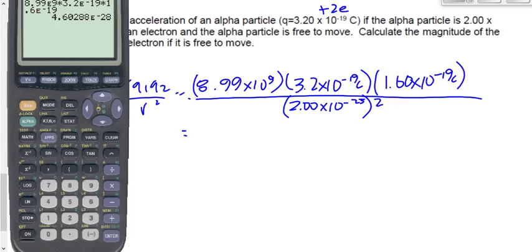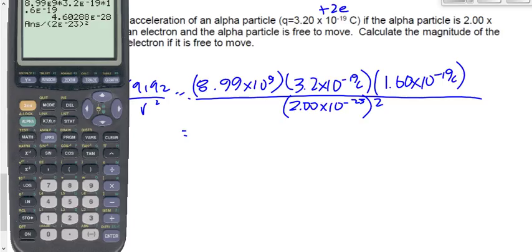What I usually like to do at this point is press enter, get the number on the top. Then let's divide it by, let's use some brackets here, 2 EE negative 23, and then let's square that. Because I've used brackets here, I would have gotten away with the other notation as well, but again, habit.